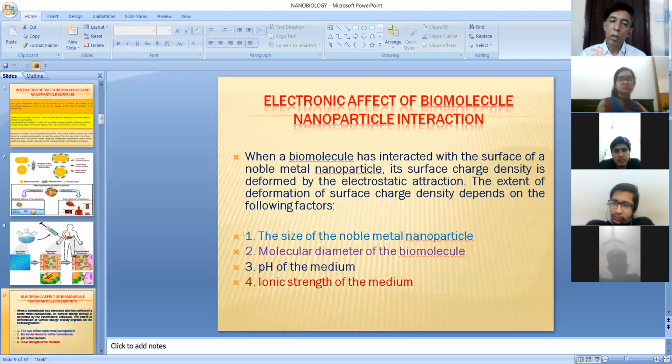On the basis of these four factors, the deformation of surface charge density of a gold nanoparticle will depend on these factors.